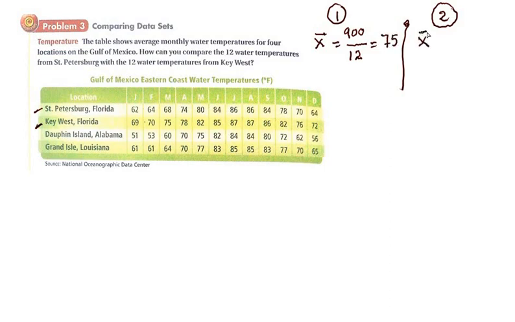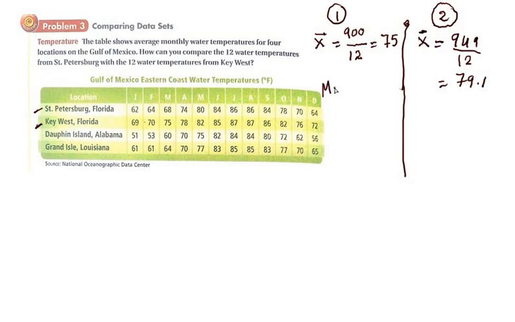The mean of the temperatures for city 2 is the sum of the temperatures again, which is 949 over 12, and this is equal to 79.1. The mean here is higher than the mean in St. Petersburg. This indicates that the temperature in general is higher in this city.